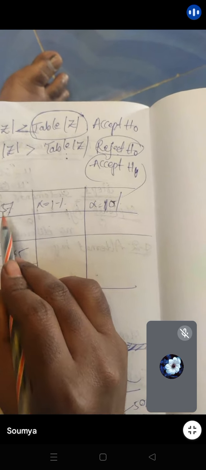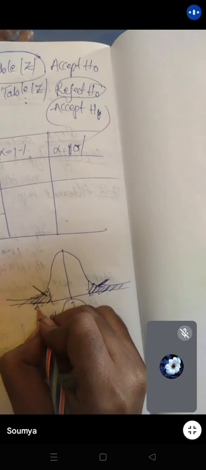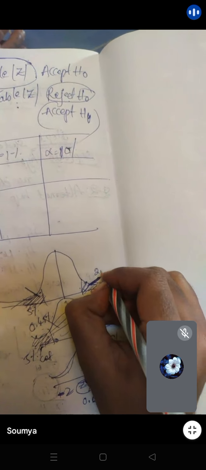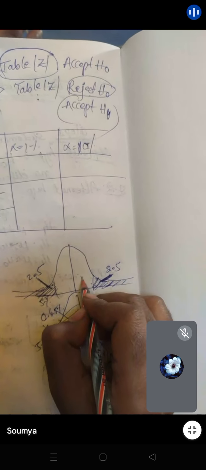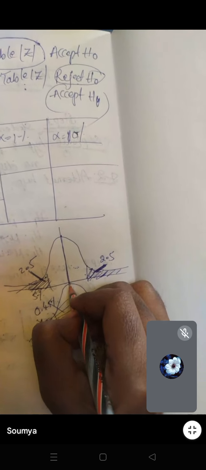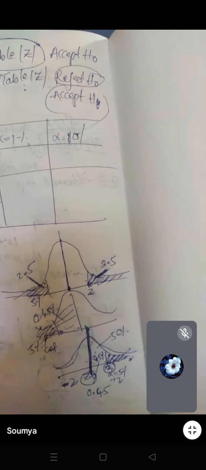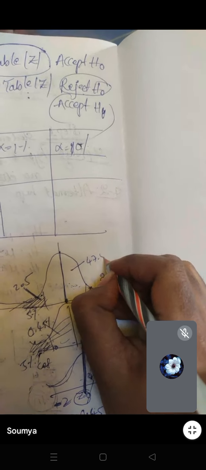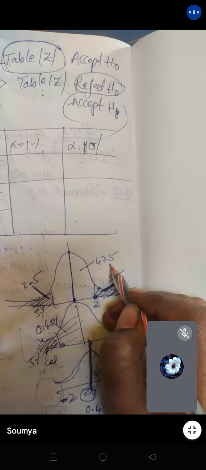Okay, now tell me two tail. I'm taking alpha equals 5%. That means this region and this region together are 5%. 5% means 2.5 and 2.5. Then what is this region, from here to here? 47.5, right?